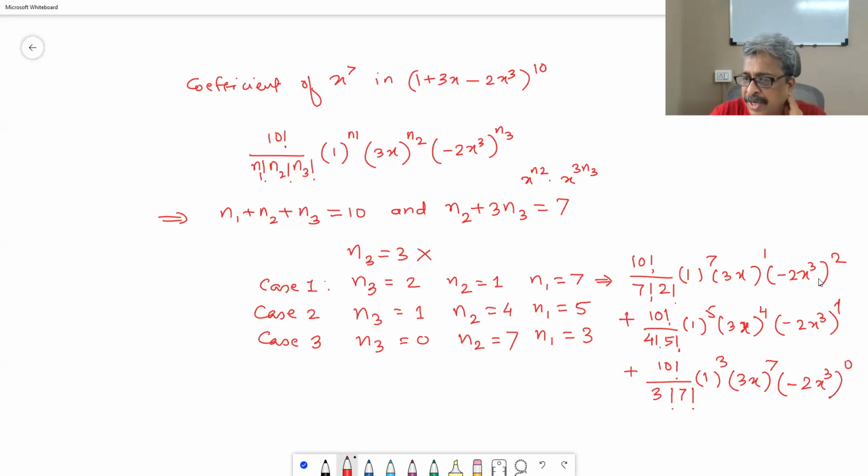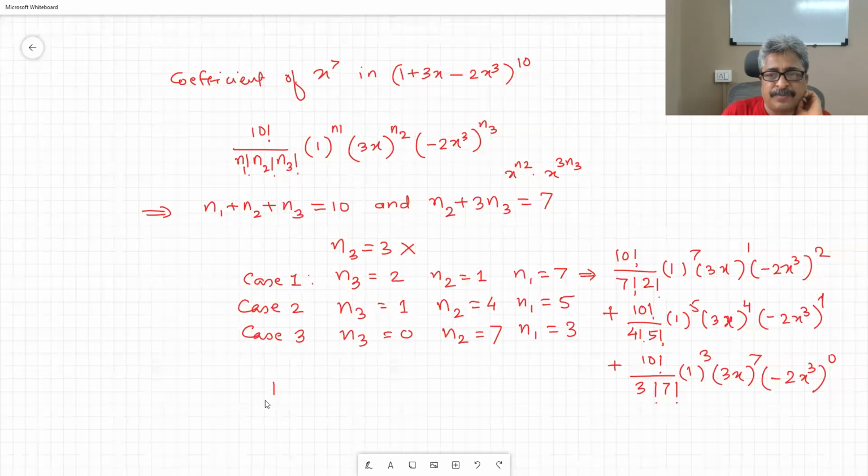You will find that x raised to 6 plus 1, x raised to 7. X raised to 3 plus x raised to 4, x raised to 7. X raised to 7, x raised to 0. Now it is a simple calculation to get the final answer.